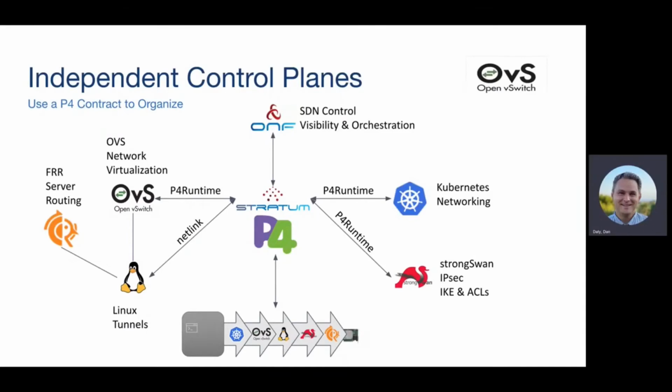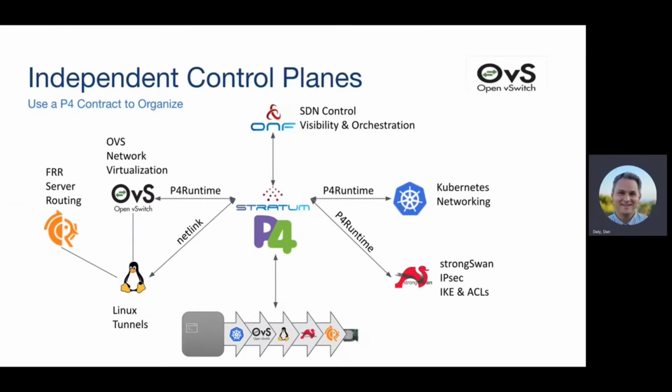So if FRR creates a route, sets up ECMP, or if TeamD sets up LACP, that information will be relayed from Linux over into the P4 pipeline.